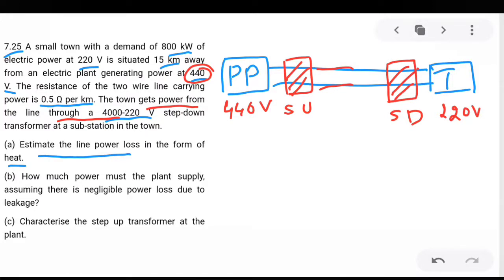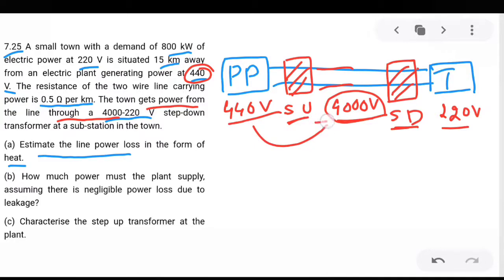That means here the voltage is 4000 volt, and this step down transformer converts this 4000 volt into 220 volt. So that means this step up transformer converts this 440 volt to 4000 volt. This step down transformer converts 4000 volt to 220 volt. Okay, so these are the information given in the question.